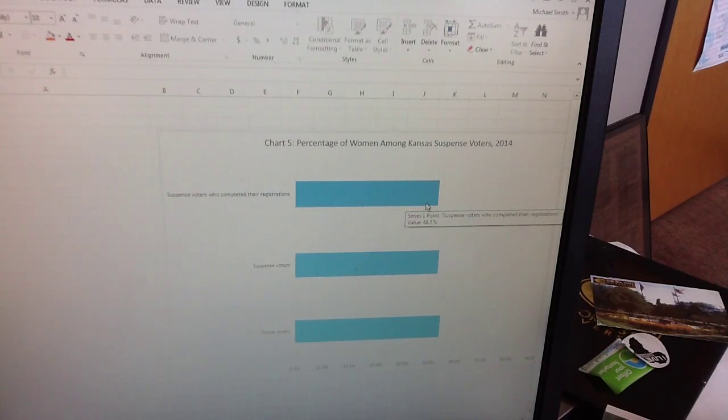There was some concern that these laws may target women, particularly because if they've changed their names upon getting married, and it's different from their birth certificate, it could be a real hassle for them. It is true that the lowest percentage of women is what we see among suspense voters who complete their registrations. However, there's not a whole lot of evidence that the laws are systematically targeting women.